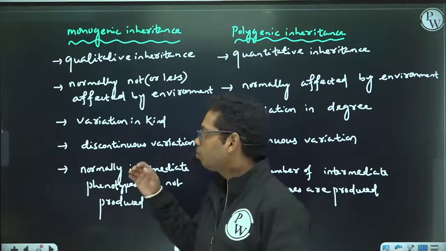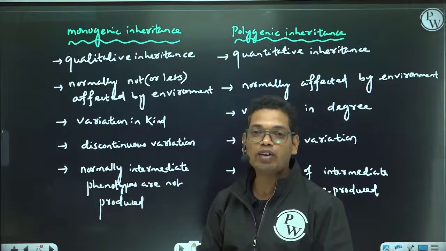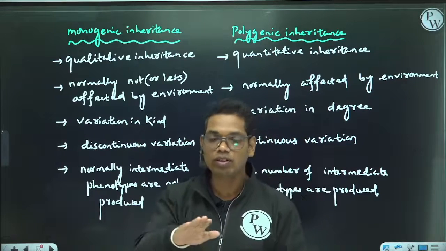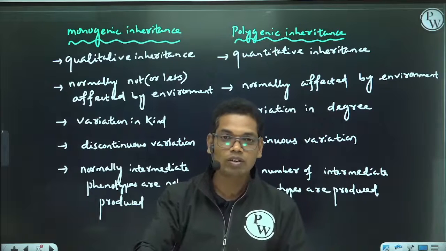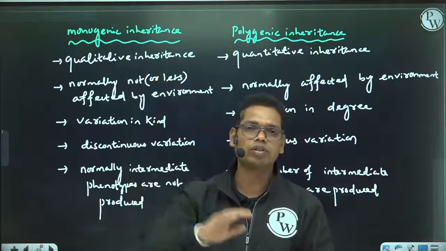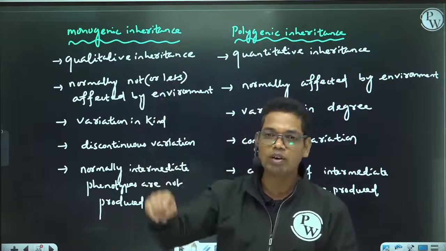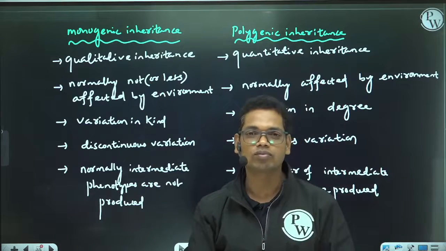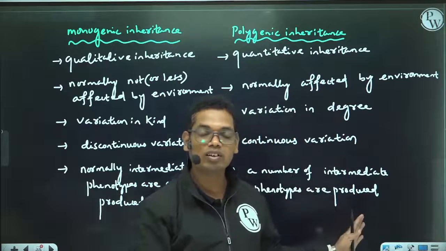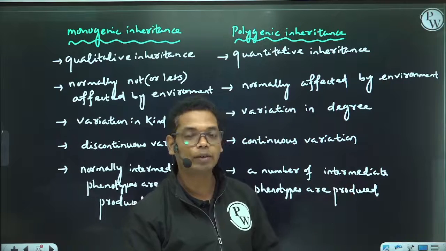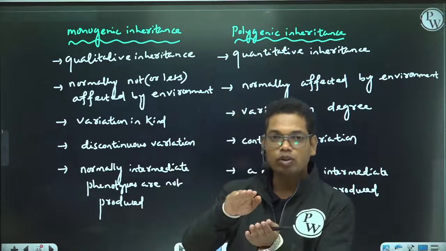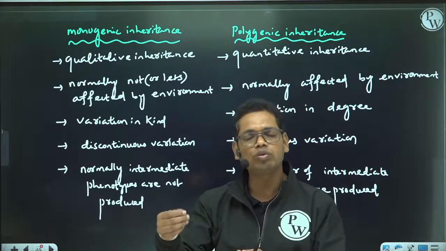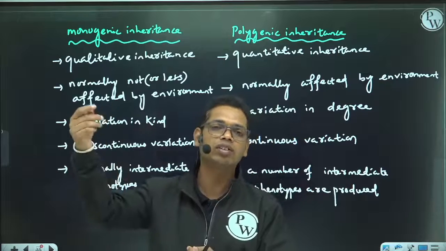If I take pea plant, the height of the pea plant is an example of monogenic inheritance. In that case, the height will be either dwarf, that means 1 meter, or tall, 6 to 7 meter. No intermediate phenotype will be observed, 1 meter or 7 meter. But in case of quantitative inheritance like human height, individuals with 1 feet, 2 feet, 3 feet, 4 feet, 5 feet, 6 feet, 7 feet are observed.